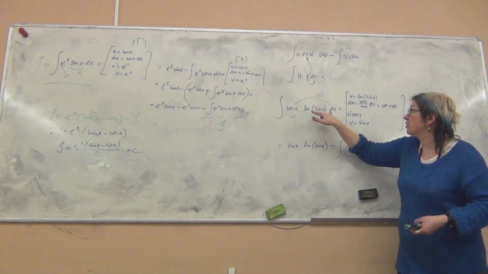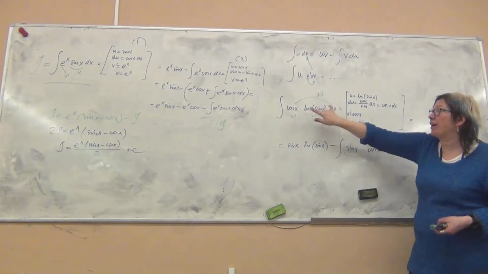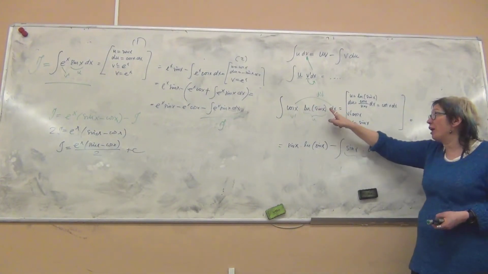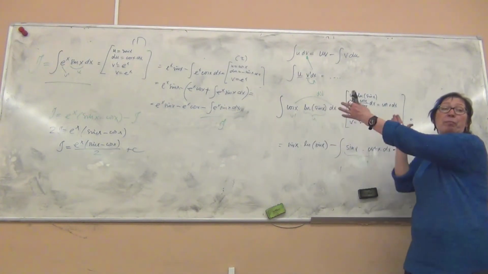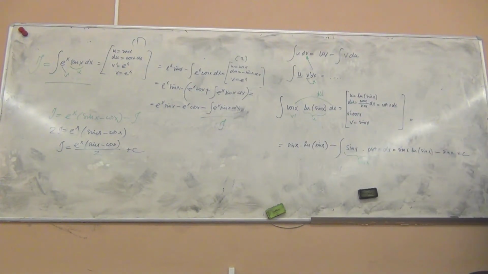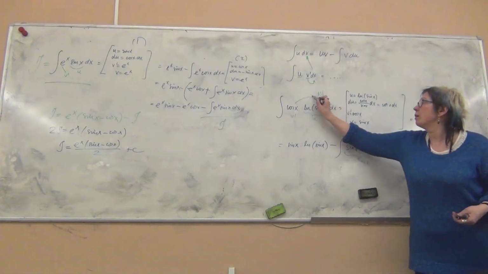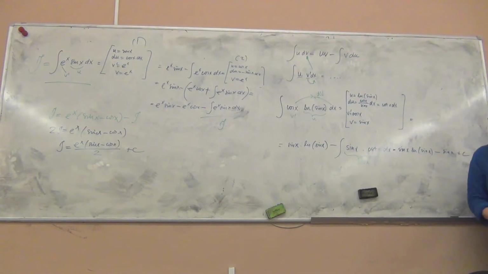If I had ln sin x times cosine x, if I had the reversed order, then I would write dv including this. But because they are separated, I wrote v prime, not dv. These two together make dv.